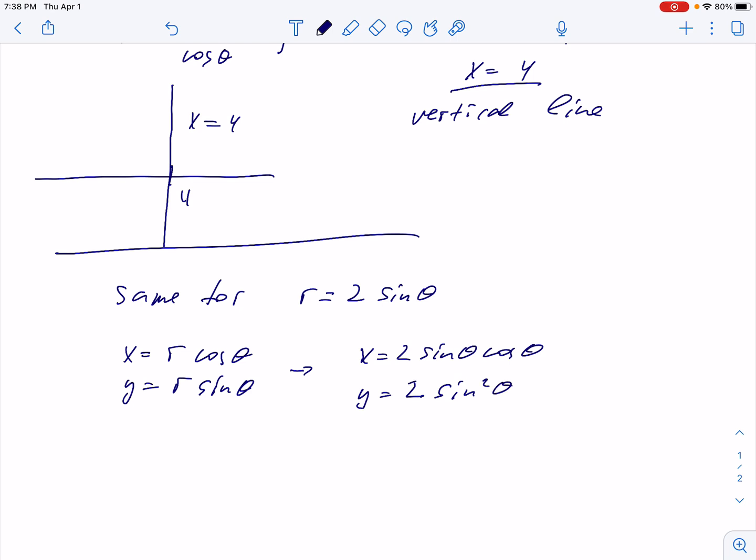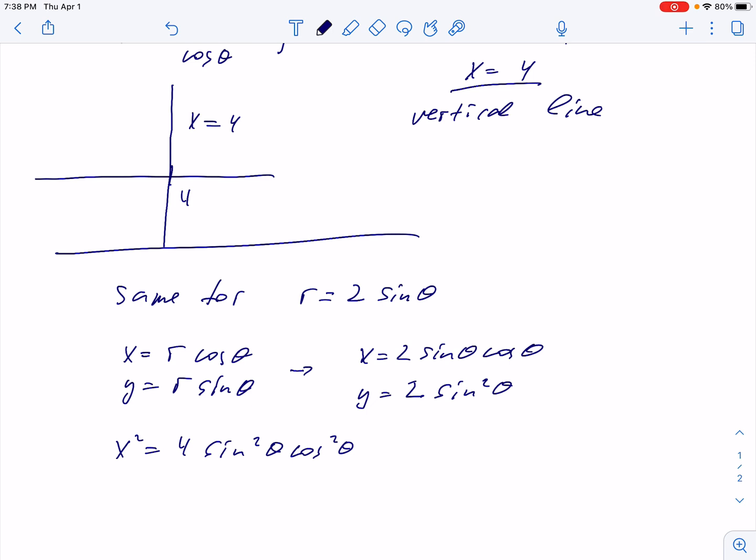We can write x like sine 2 times theta, but it is not helpful because we just want to eliminate theta, not to write it differently. So how can we do this? I can use the equation that sine squared plus cosine squared is 1. Let's take x squared. This will be 4 sine squared theta cosine squared theta.